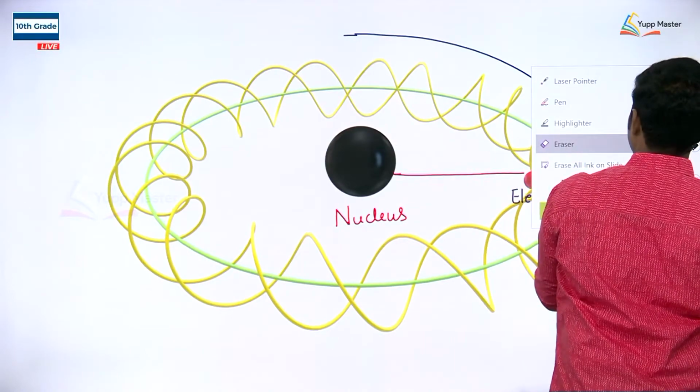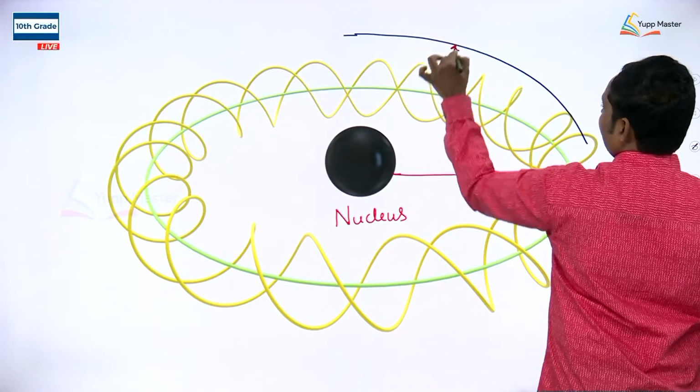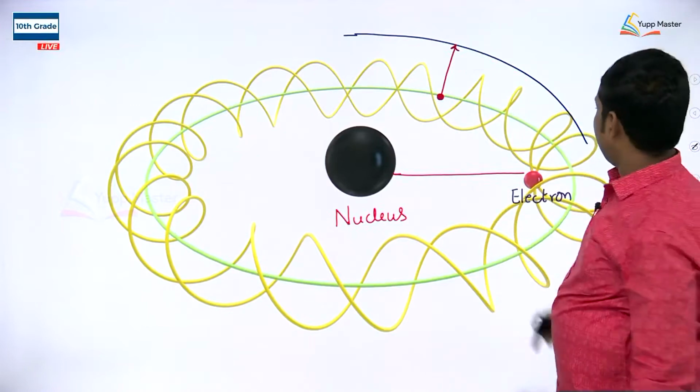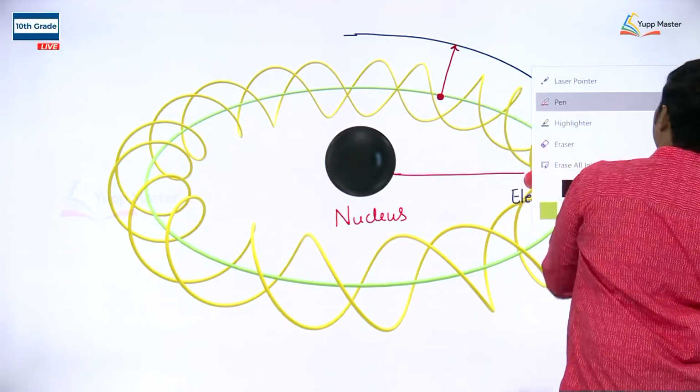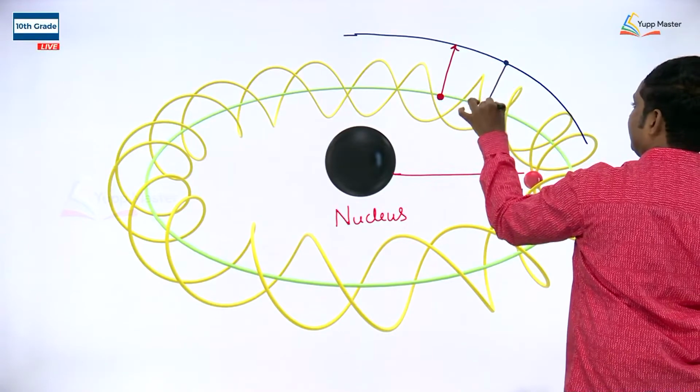Let us assume the electron is excited here, or sometimes you can find that this electron is de-excited.